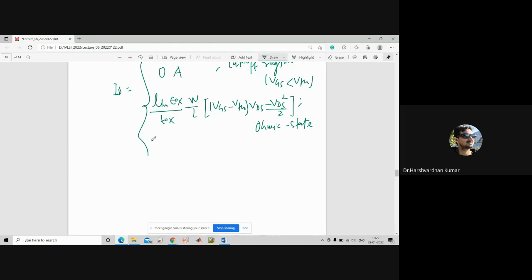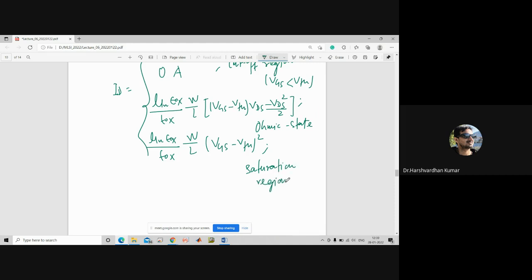Okay. So now saturation region, mu n epsilon ox by T ox, W by L, within the bracket VGS minus VTH whole square by 2. So this is in the saturation region.